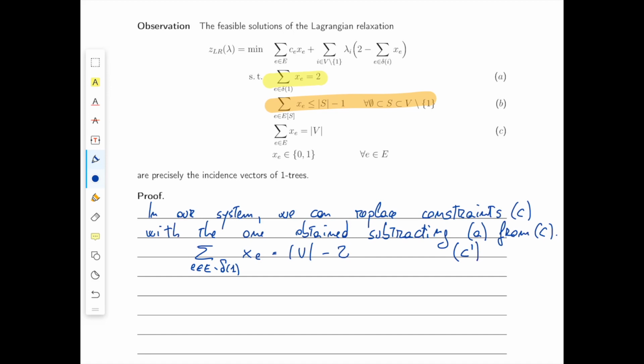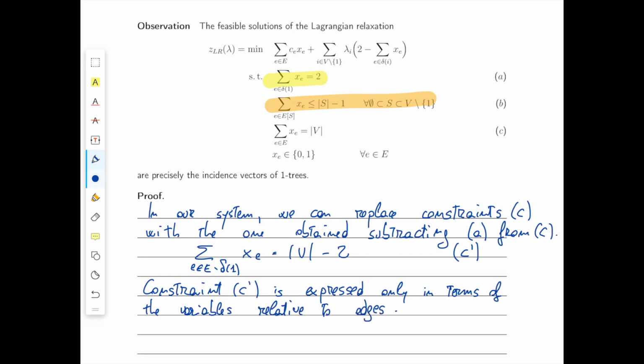We have achieved now our goal because constraint C prime is expressed only in terms of the variables relative to edges of G minus 1.